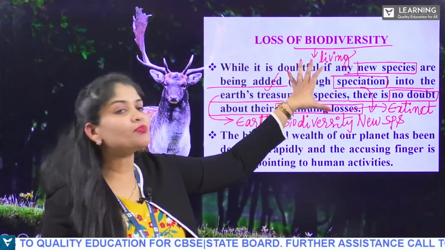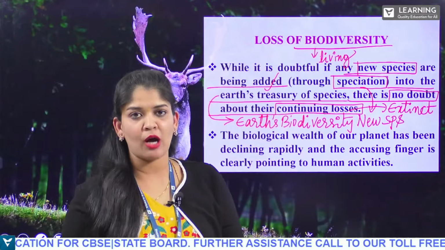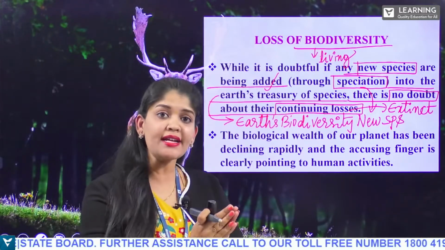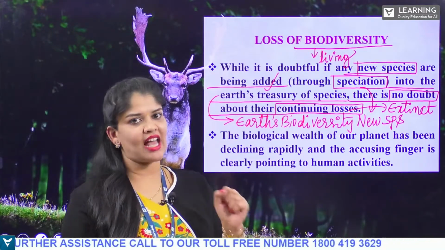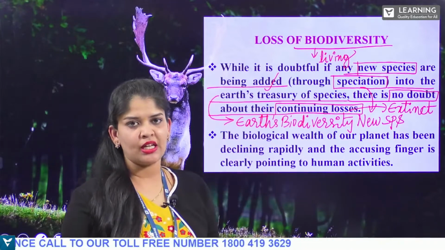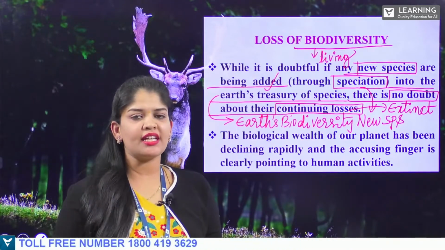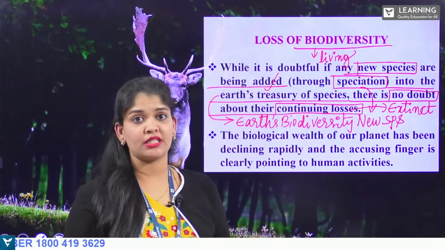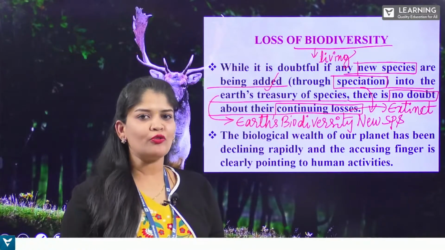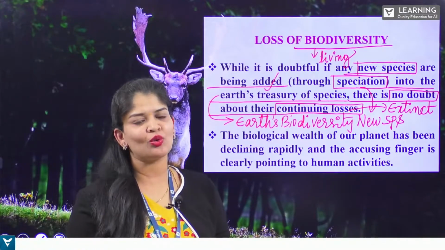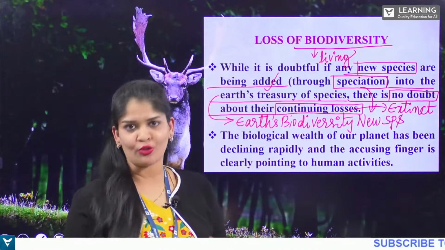So this point gives you an idea about the rates at which the loss of biodiversity is happening. It is very clear that there is a loss in biodiversity, but it is doubtful whether new species have been added to the existing biodiversity or not.